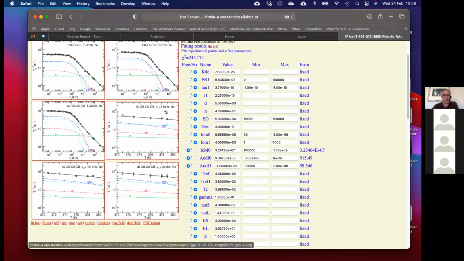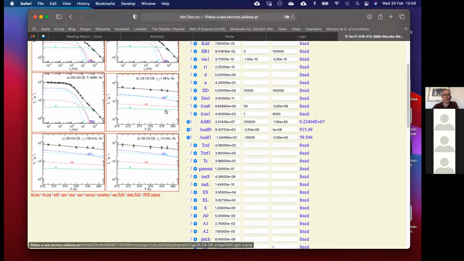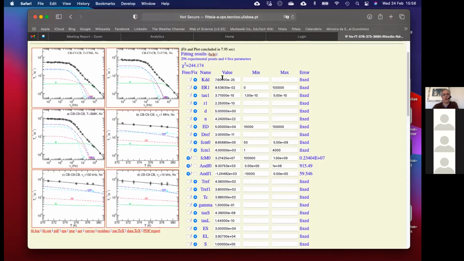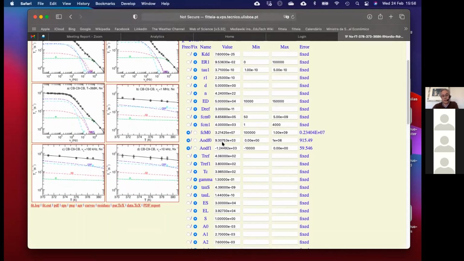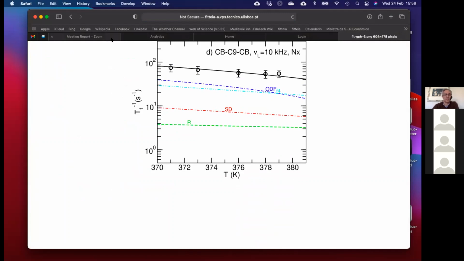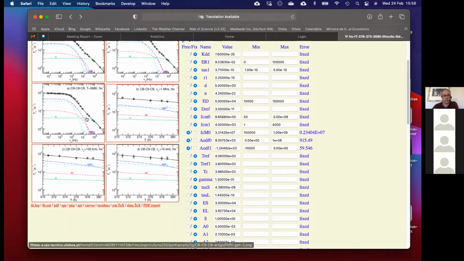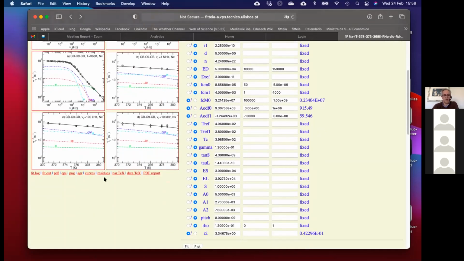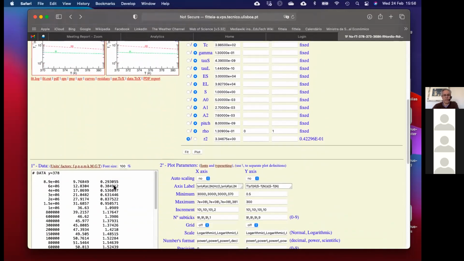And there's a lot of information that you can collect, not only the output parameters, but also all the plots, which are almost paper ready. So if you click on this, you can easily download this image and include it in your report or in your paper. There are a lot of auxiliary files, like the residues here, that you can play with.